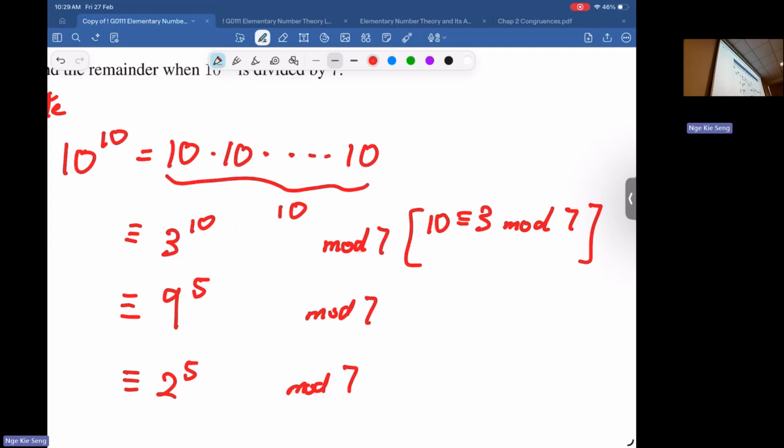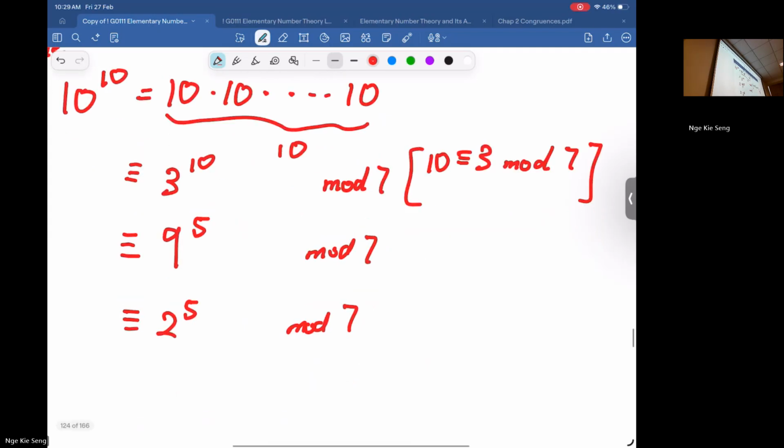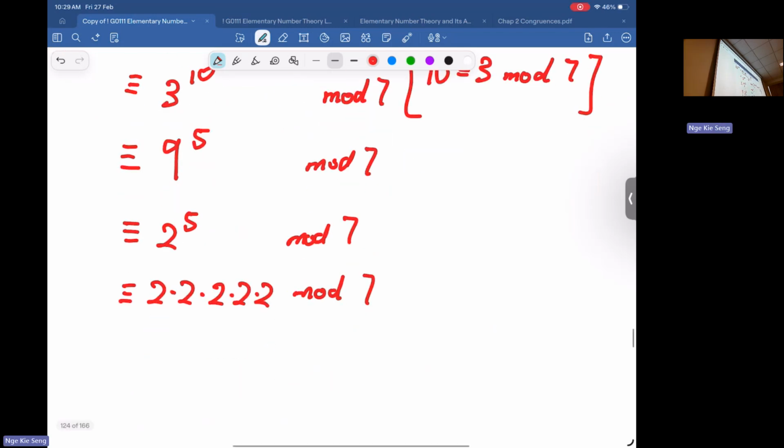And then what do you do next? So there are like 5 of them, right? So what can you do? Yeah, try. It's 8 times 4. Okay, so you group them by 3, a group of 3 and a group of 2.